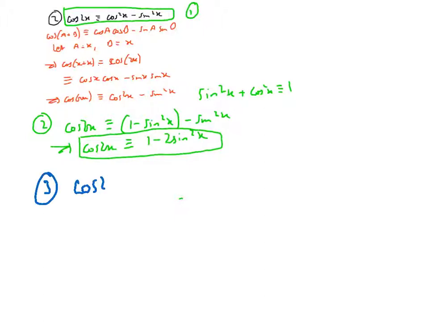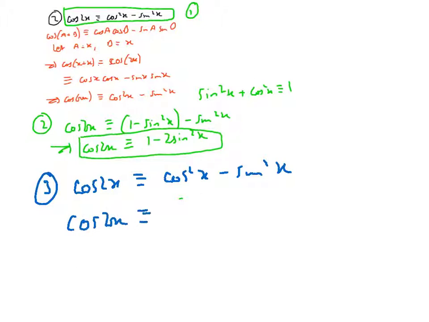by saying that cos 2x, going back to this first one, cos squared x minus sine squared x, if I this time replace sine squared x by 1 minus cos squared x, then I'll get another result.